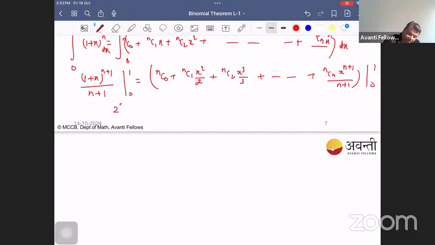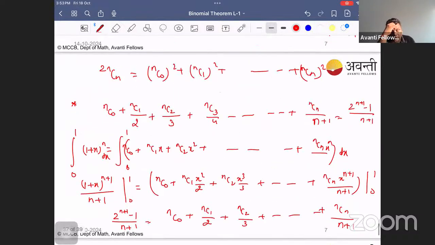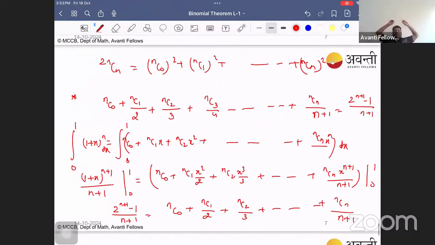It is (2 to the power n plus 1 minus 1) upon n plus 1 is nC0 plus nC1 upon 2 plus nC2 upon 3 and so on, nCn upon n plus 1. Correct? See, have a look. Very, very important again. This can also be done without integration.